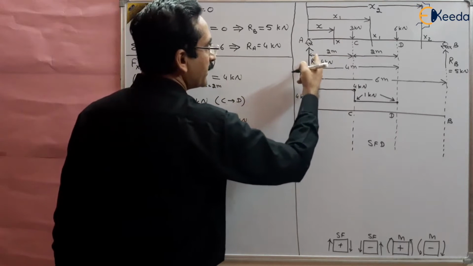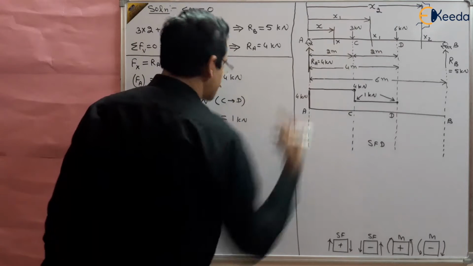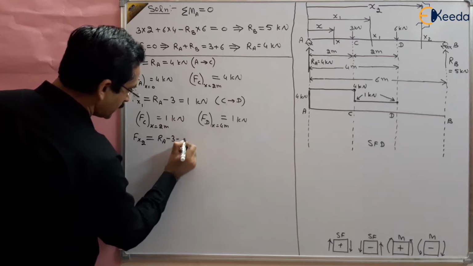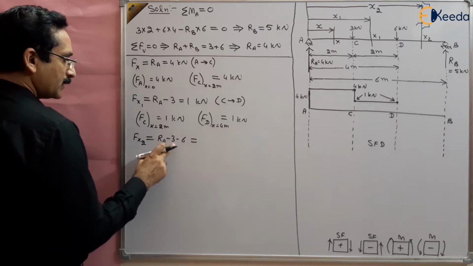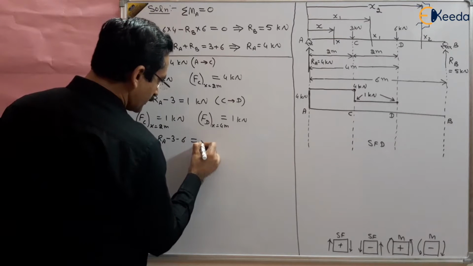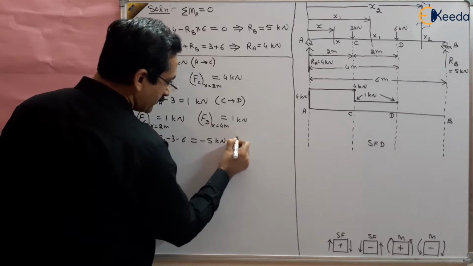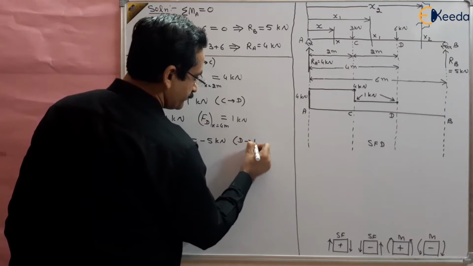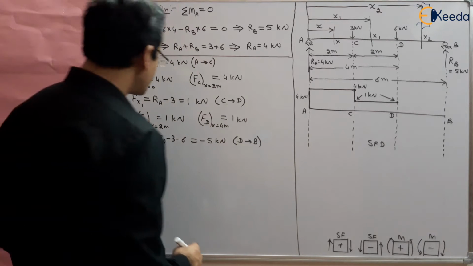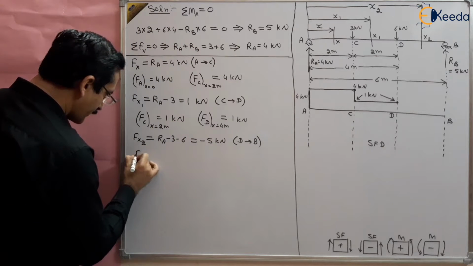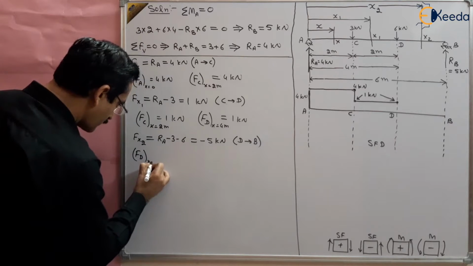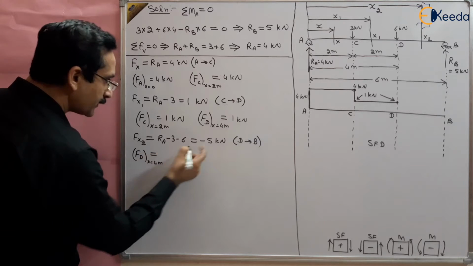Fx2 will be equal to the sum of all the forces: RA minus 3 minus 6. Three forces are there, RA positive, minus 3 minus 6, so this comes out to be 4 minus 9, which is minus 5 kilonewton, valid between D to B. Then the value at D, at a distance of 4 meter, is minus 5 kilonewton.